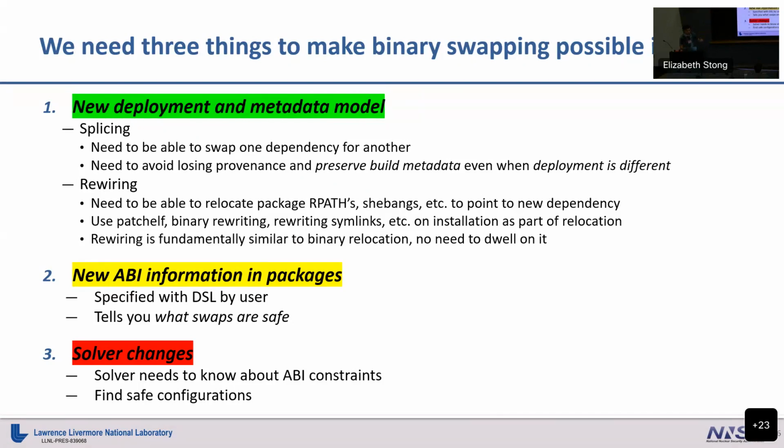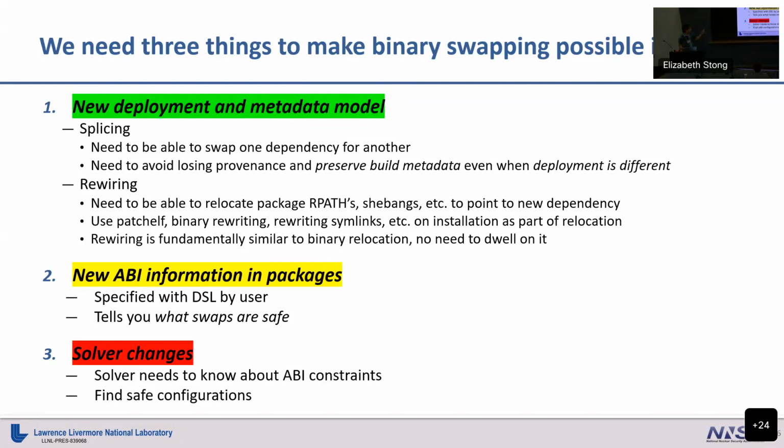Then we're going to need some guardrails on this. I can give you an API today, right? The model is done. I can give you an API today that you can splice some packages together. But unless you're an expert in those packages, how are you going to know which ones are a good idea and which ones aren't? And currently, the state of the art in the world for this is you don't. You just find someone who's an expert, and they make an educated guess, and you hope it works.